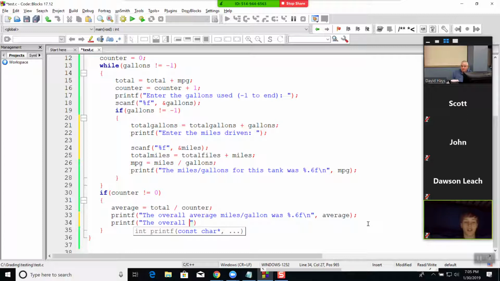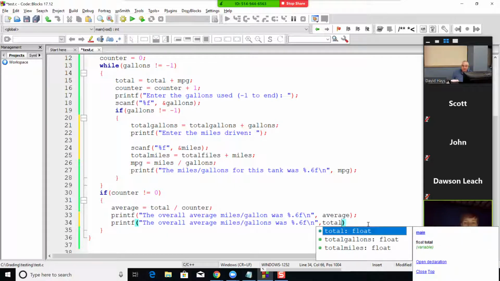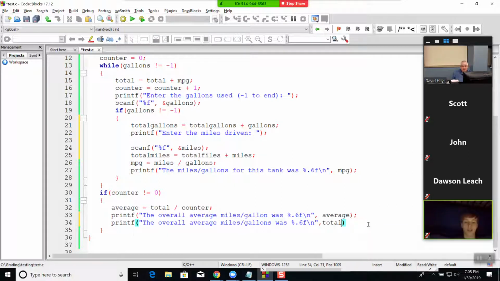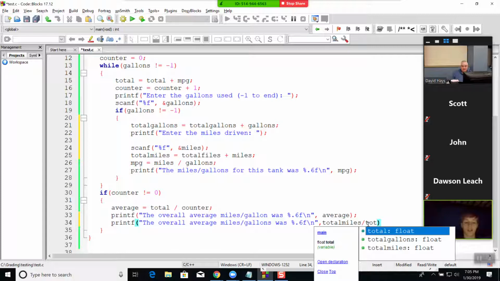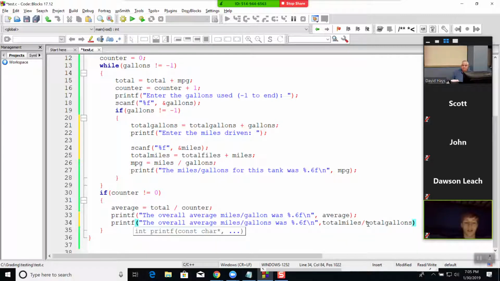The overall average miles per gallon was %6.2f\n, and then total miles per gallon. Okay, total miles divided by total gallons. Okay, so let's run that.